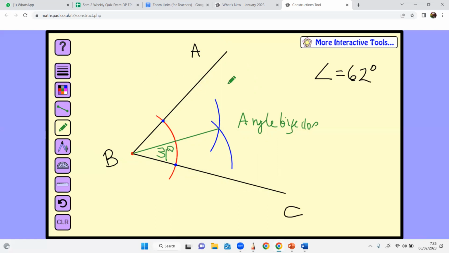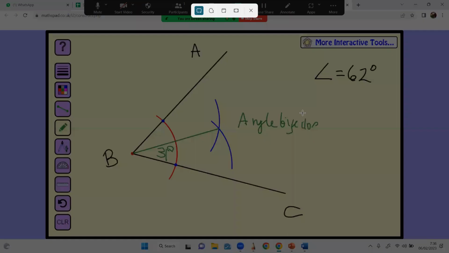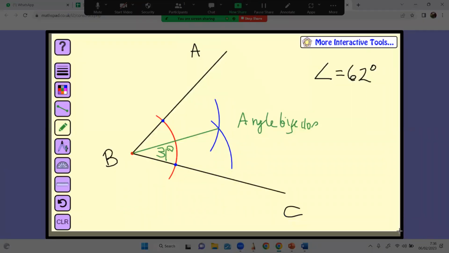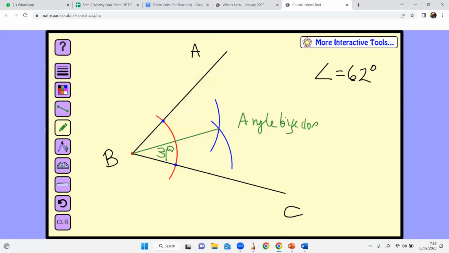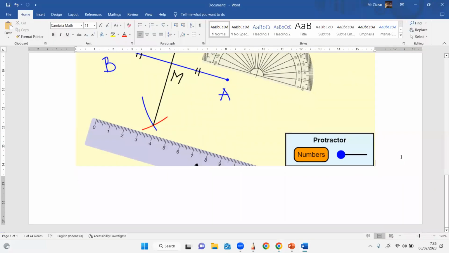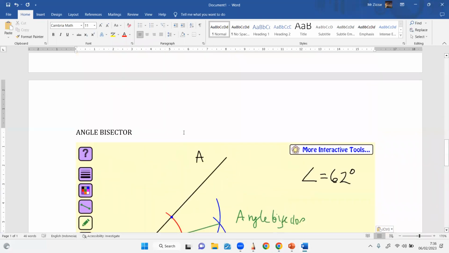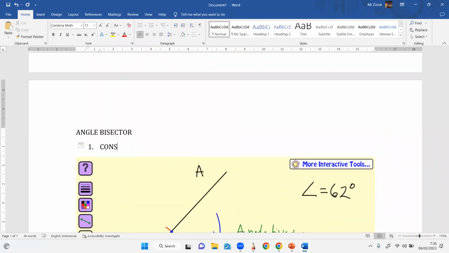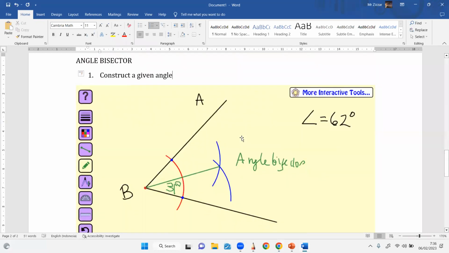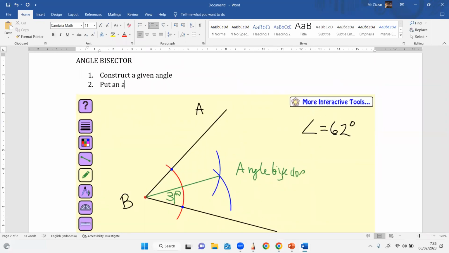So I will give you the step-by-step rule to find the angle bisector. You only look at this once. I'll show you how it works. So what is the first step? Construct a given angle. Second, put an arc from the vertex, which is B in this case.